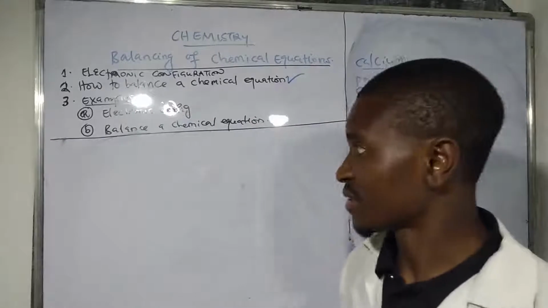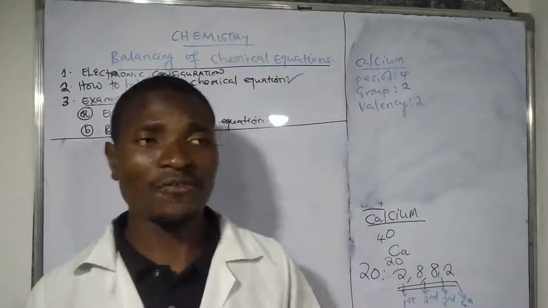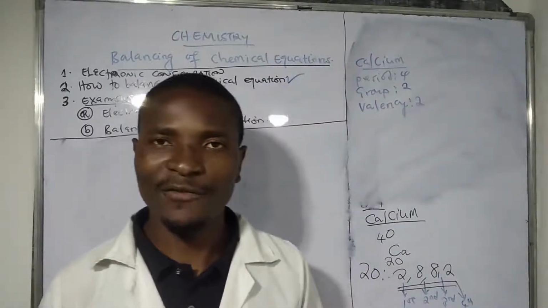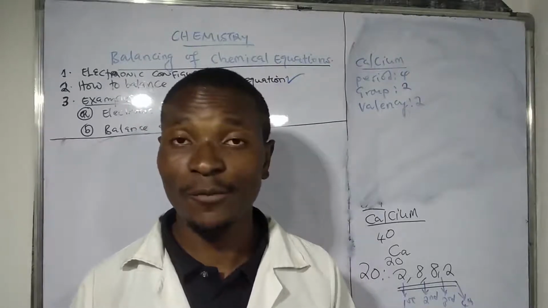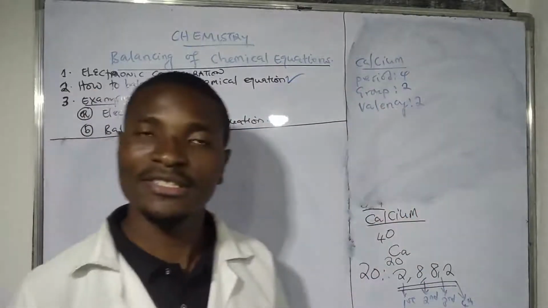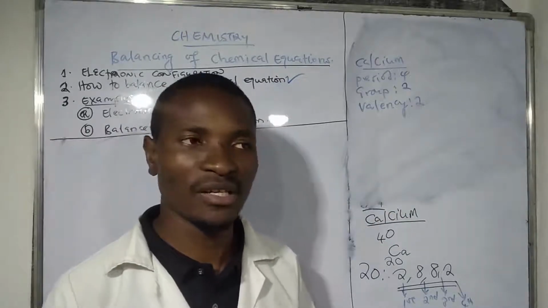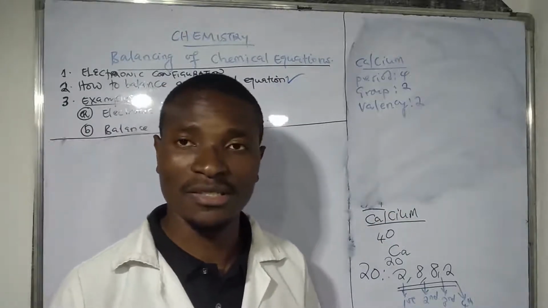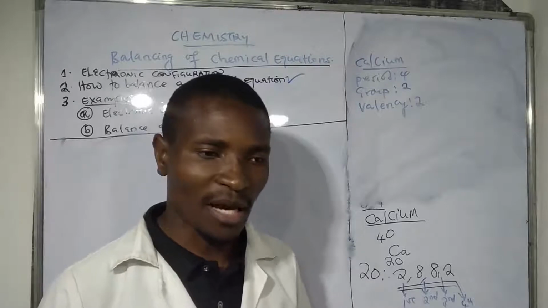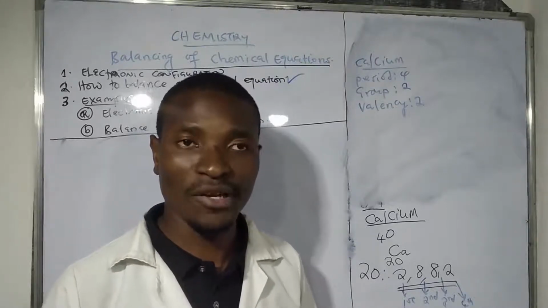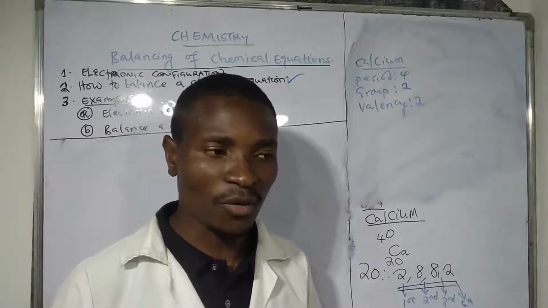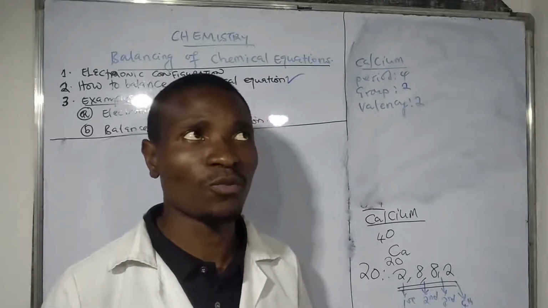If you really want to understand how to balance a chemical equation, it's all about understanding the electronic configuration of that particular element, and then understanding what is involved in a chemical reaction. Balancing a chemical reaction is very simple.